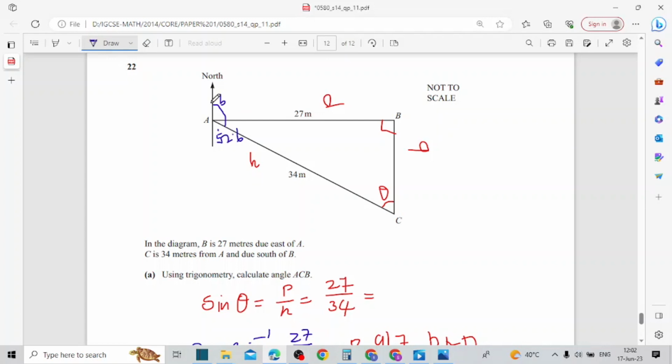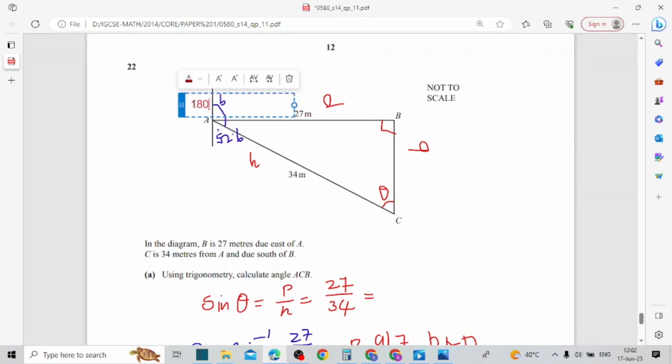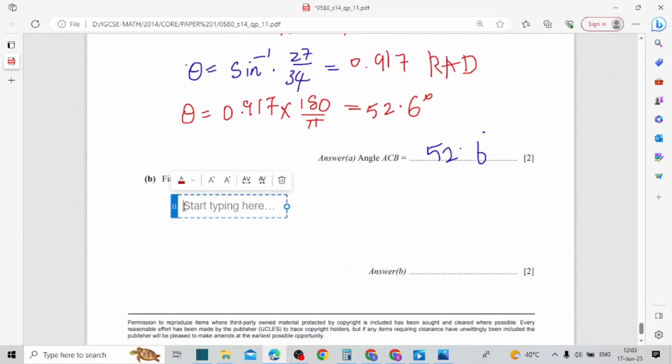A straight line is always a supplementary angle, 180 measurement all the time. Yes, it is 180. To get this bearing, we subtract 180 minus 52.6.